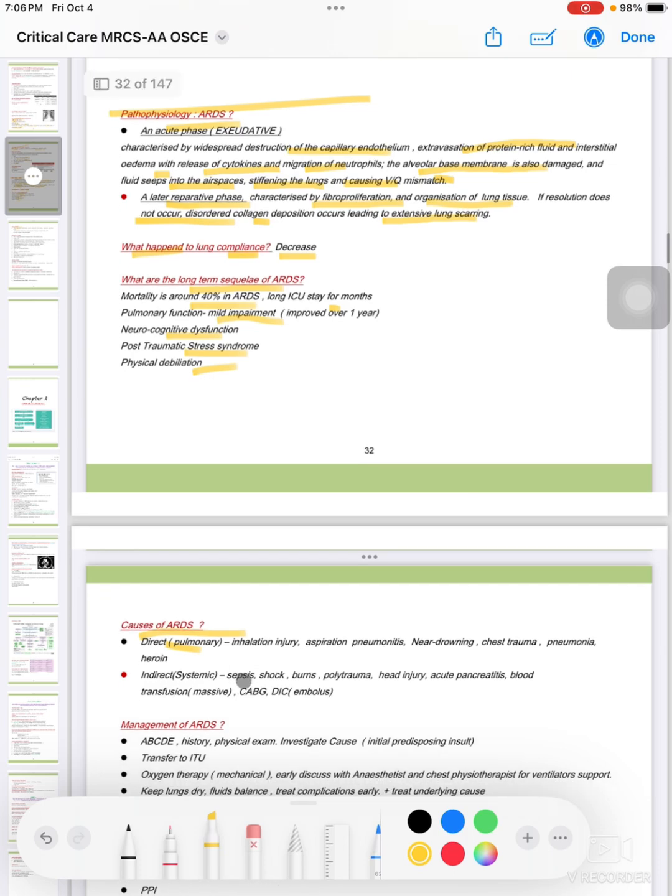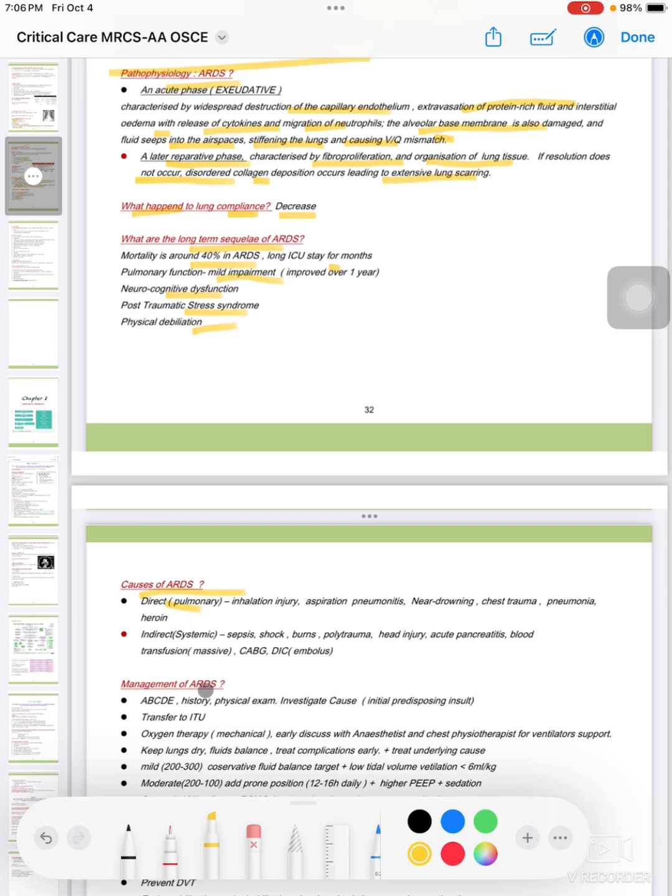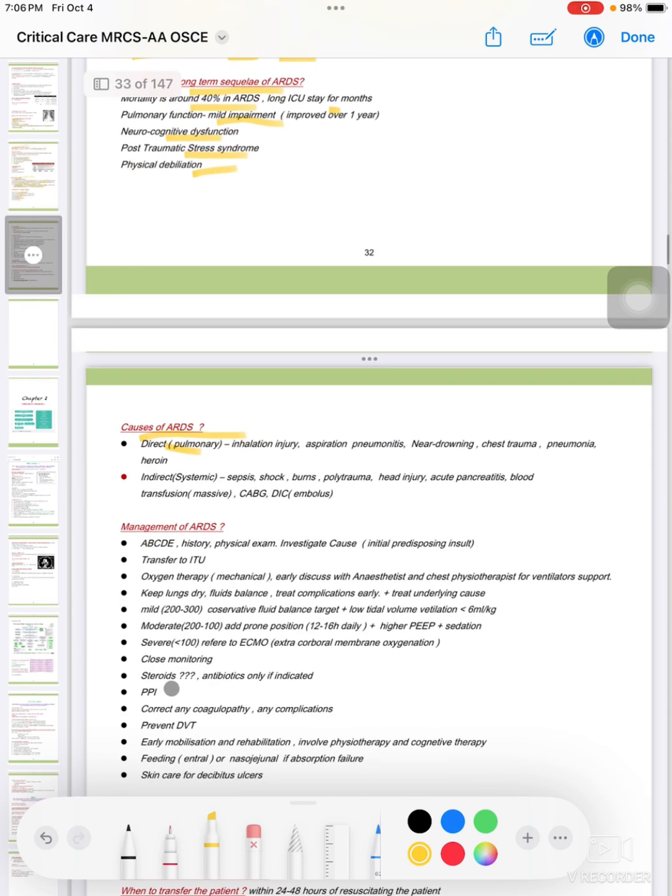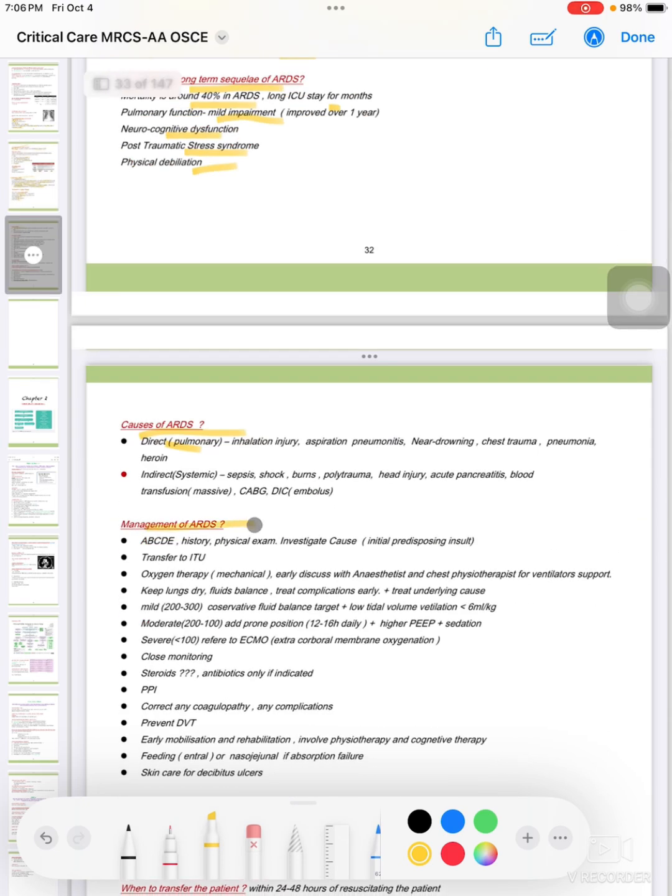This is enough for this, and finally the management of acute respiratory distress syndrome. At first it needs ABCD resuscitation and history, physical examination, and investigation according to the cause. Admit to ITU, give supportive therapy, and treat the underlying cause. Respiratory support such as oxygen therapy. Positive end expiratory pressure is given.